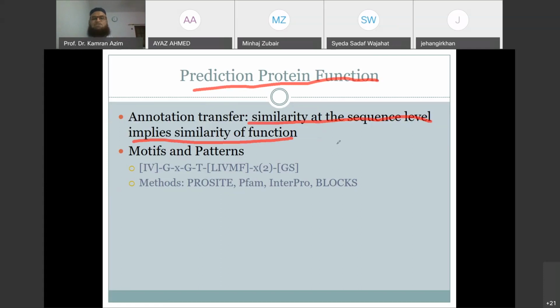If the sequences of two proteins are similar in nature, it means that their function would be similar. So only on the basis of protein sequence, you can say a lot about the protein function.